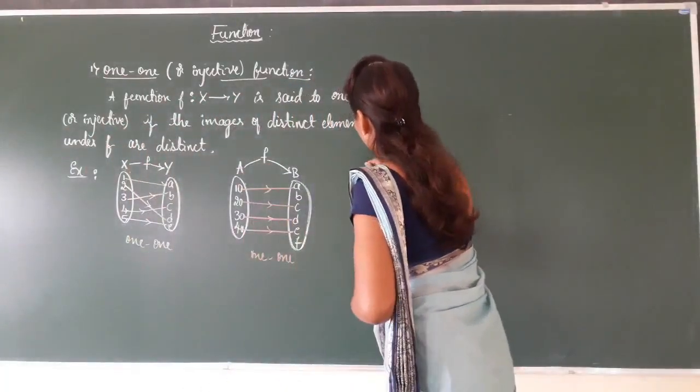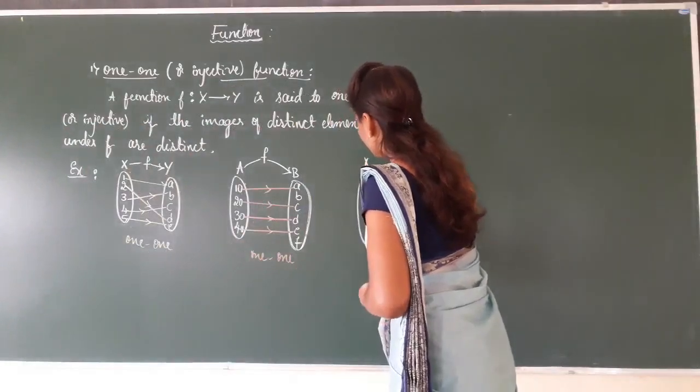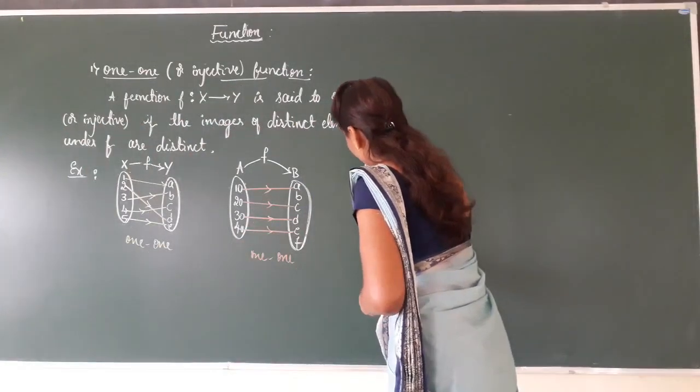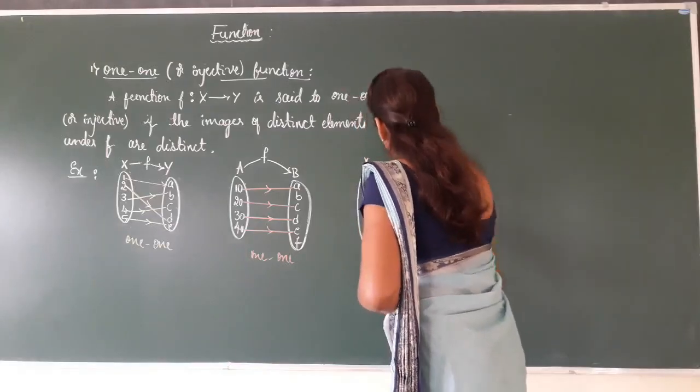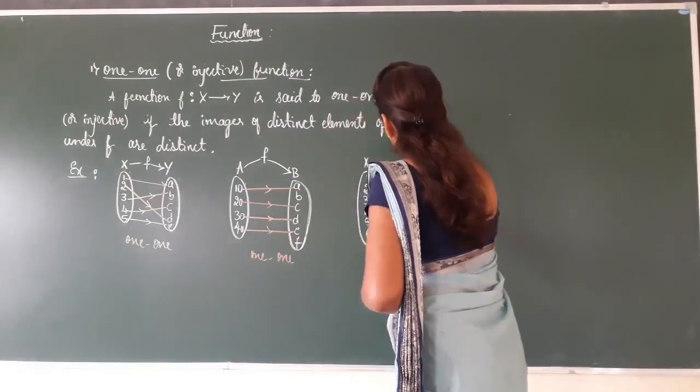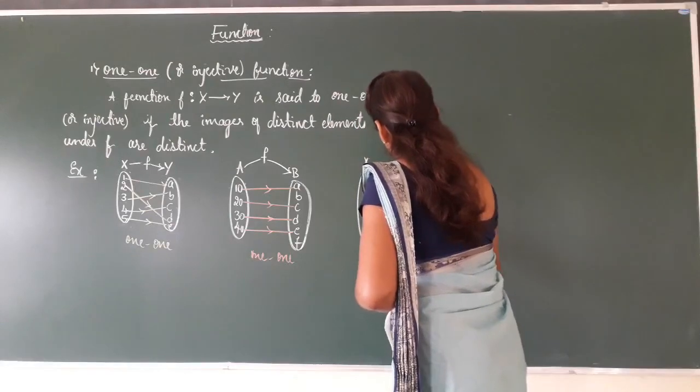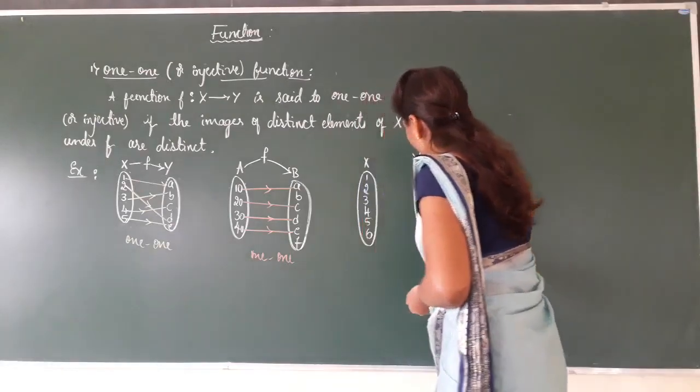Okay, observe another example. This is set X having the elements 1, 2, 3, 4, 5 and 6, and the set Y having the elements 100, 200, 300 and 400.